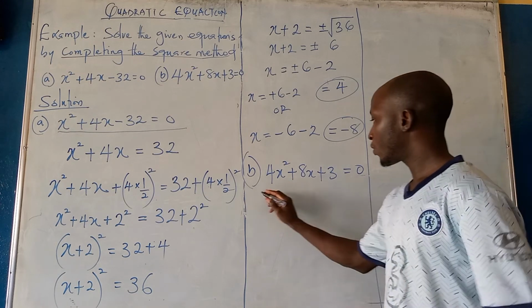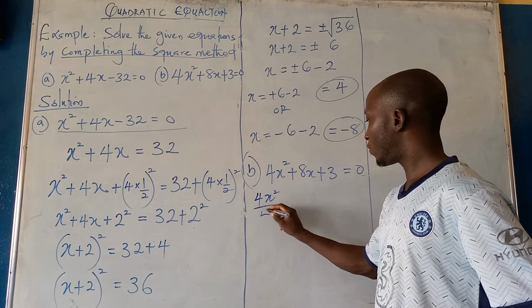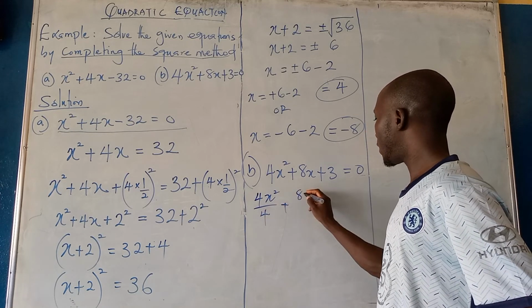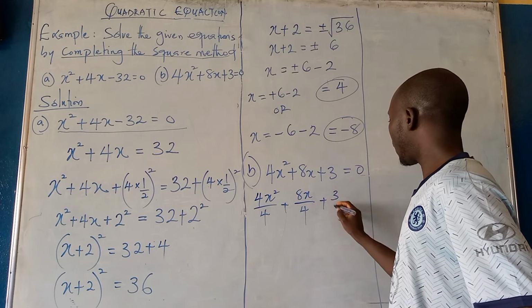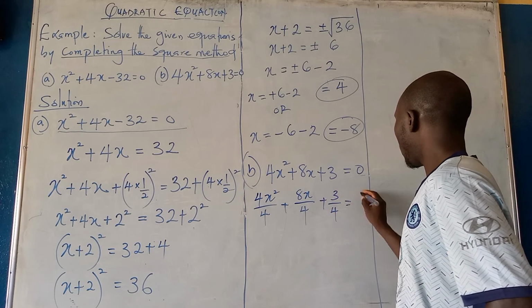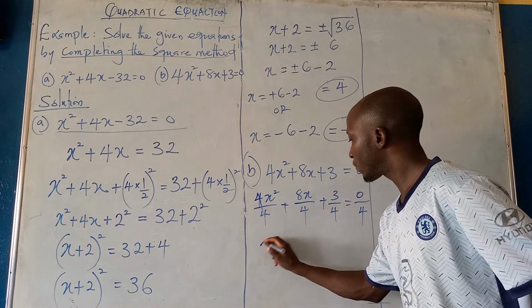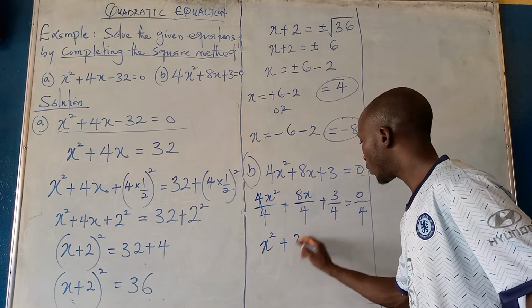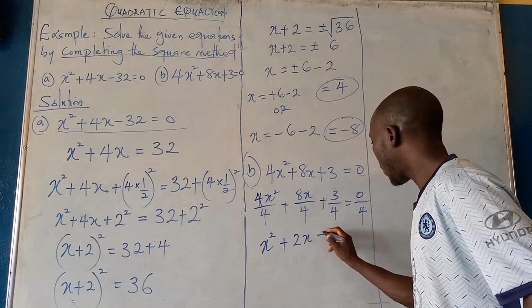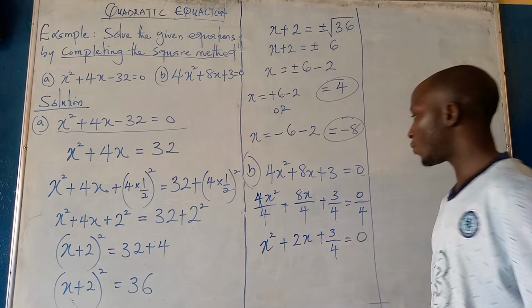So we have 4x squared over 4 plus 8x over 4 plus 3 over 4 equals 0 over 4. This gives us x squared plus 2x plus 3 over 4 equals 0.